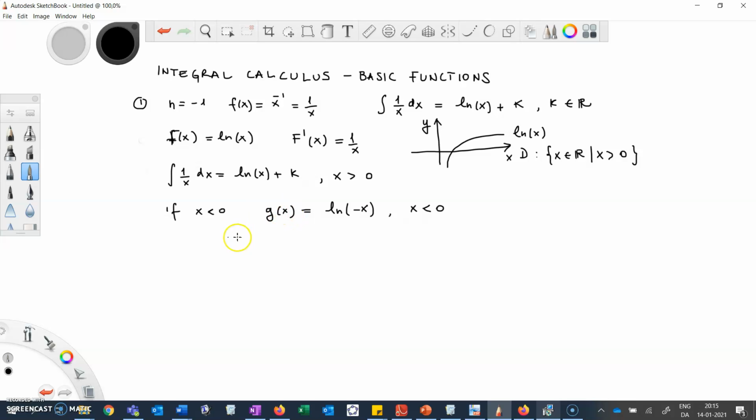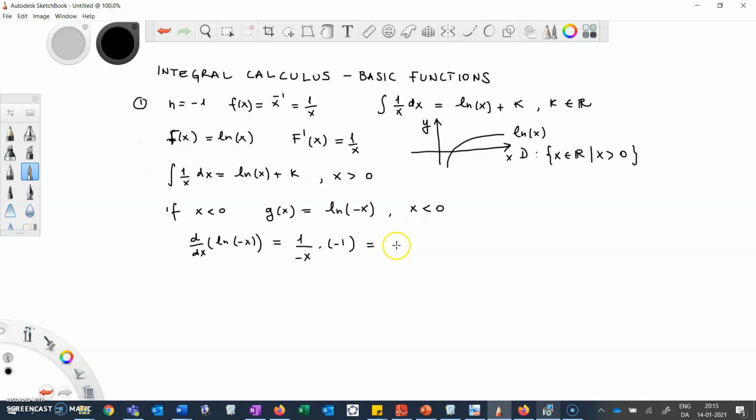So now, if I derive this function, so I take the derivative with respect to x of ln of minus x, I'm going to get the derivative of ln first. Here I'm using the chain rule, so I have 1 over minus x times the derivative of the inner function, minus x, which is minus 1.